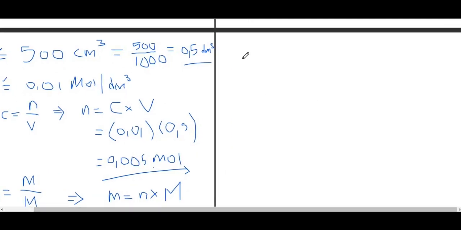So we say, okay, what do I know about that solution? I know that its concentration is 0.8 mole per cubic decimeter. Per cubic decimeter, we write dm to the power of 3.